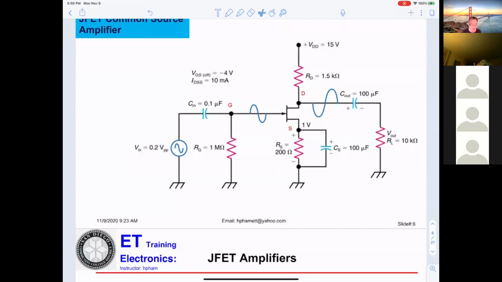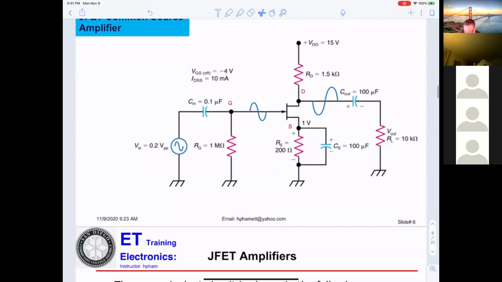Okay, so in general, any question regarding that amplifier? Yeah, I have a question. How is RD parallel to RL? RD parallel with RL, right? If you change it into the AC, then this must be ground, right?